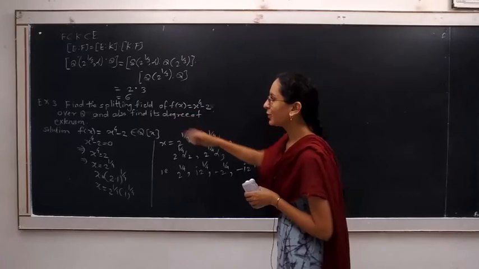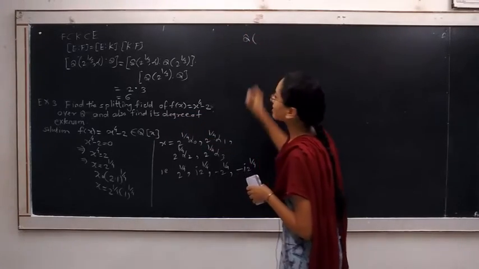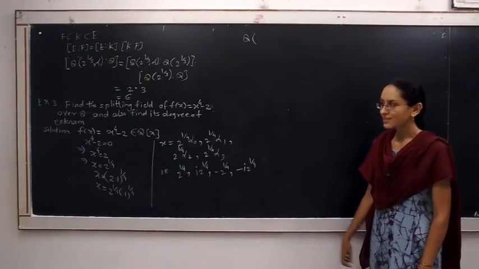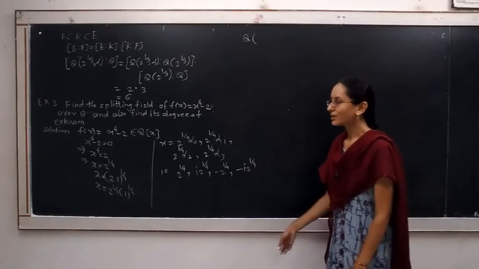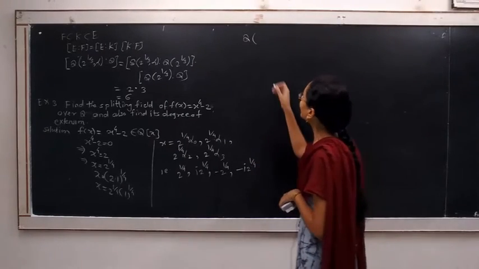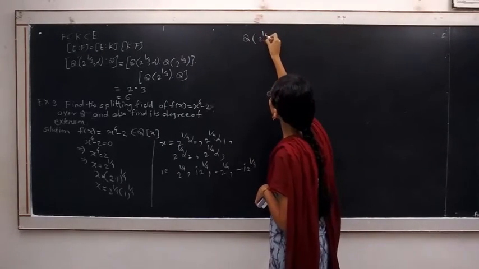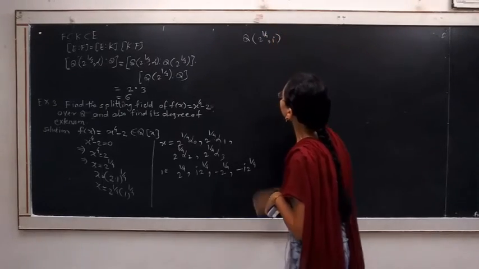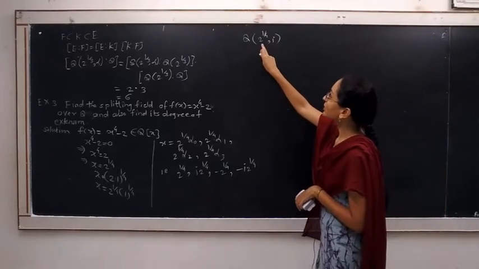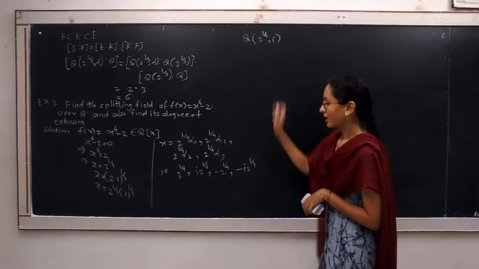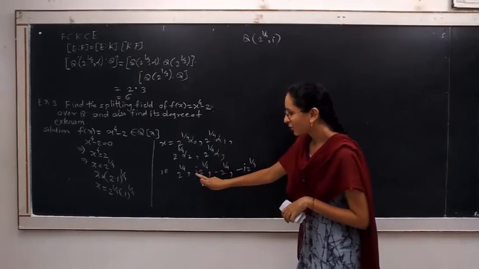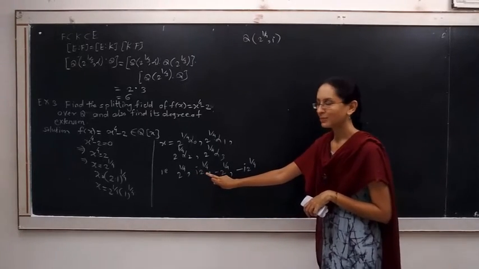The extension field of Q which contains all the roots of the polynomial f(x), the smallest extension field of Q that contains all the roots, or over which f(x) is factored into linear factors, is given by Q joining 2 raised to 1 by 4 and i. This field is generated by two elements, 2 raised to 1 by 4 and i, over Q. The roots of the polynomial f(x) consist of these elements: one is the complex number i, the other is the irrational number 2 raised to 1 by 4.